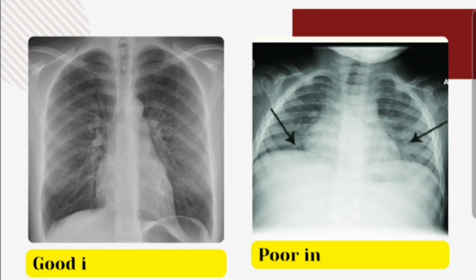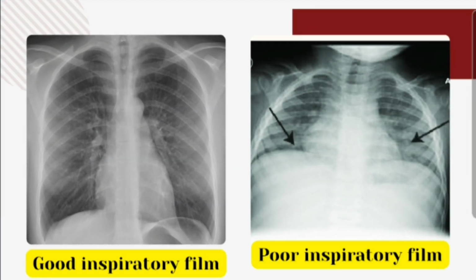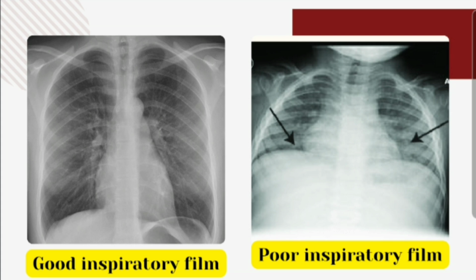The first and foremost thing that you will look at on the chest X-ray before interpretation is whether inspiration is adequate or not, because you cannot comment on poor inspiratory films of chest X-ray and pathology may remain hidden. Here on the left side is a chest X-ray with a good inspiratory film.